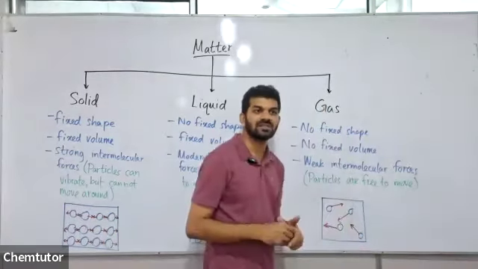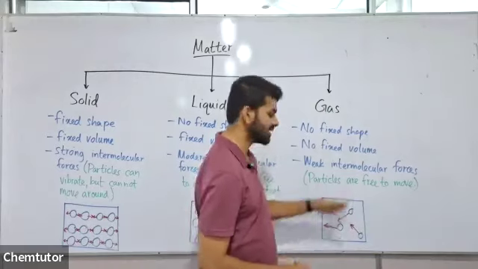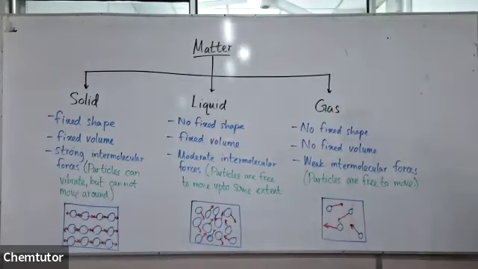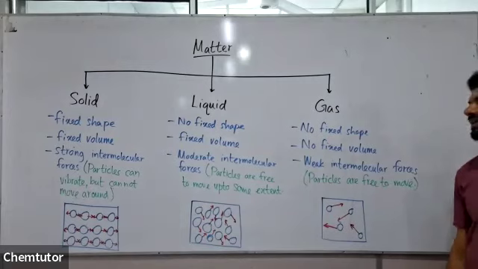Like this. Is it clear? The particles are freely movable in this manner. So you can copy this down. This is the summary of the three states of matter, so it will be easy for you to study.